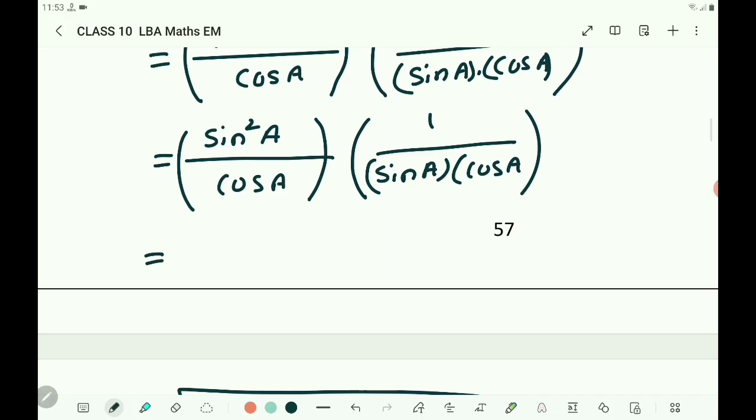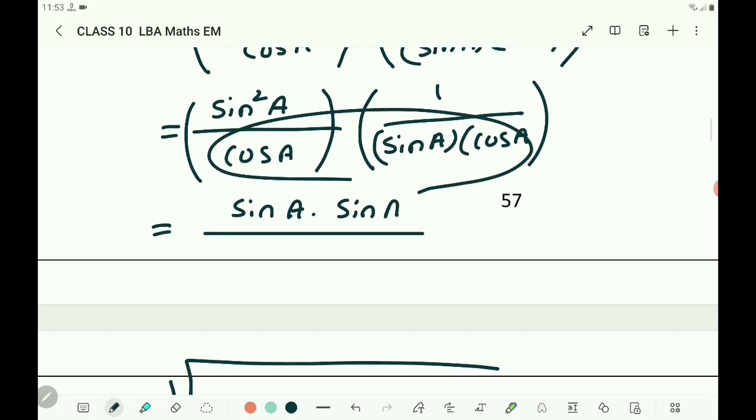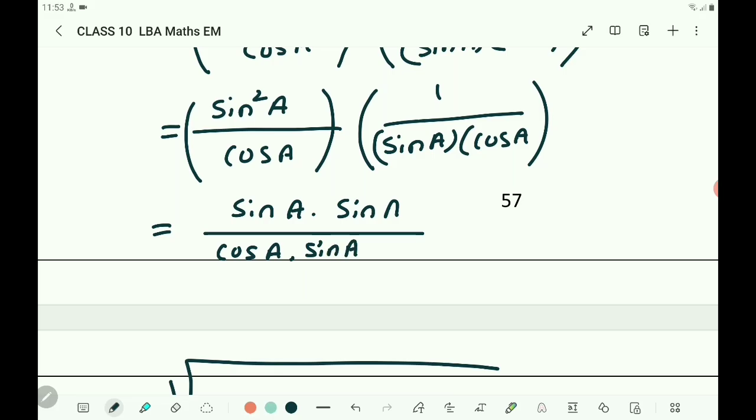Equals, write sin square A as sin A into sin A, and write the denominator as it is, cos A into sin A. Now you can cancel sin A and sin A, and sin by cos is tan.